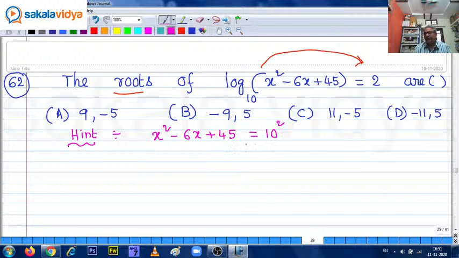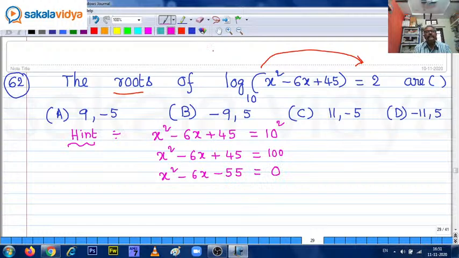This is the exponential form. 10 square is 100. Bring 100 this side: x square minus 6x plus 45 minus 100, minus 55, equals 0.